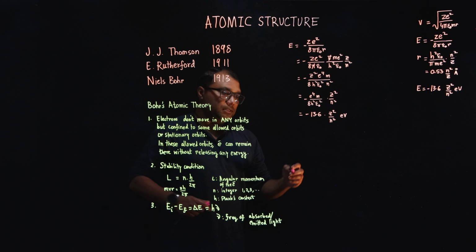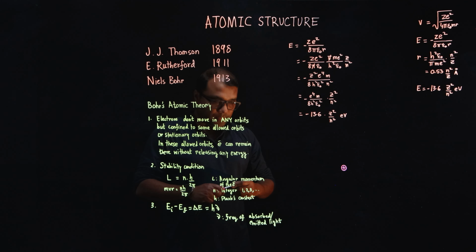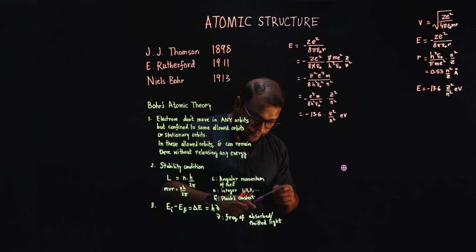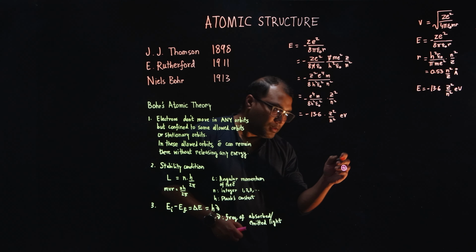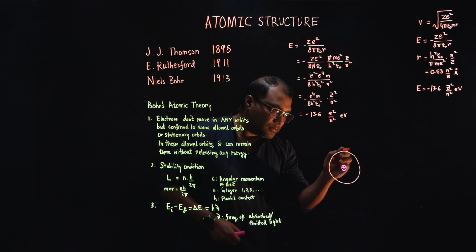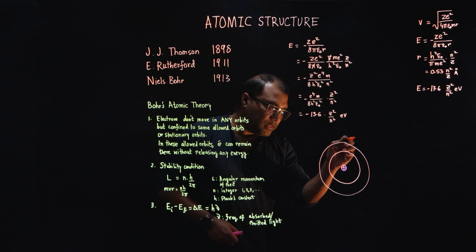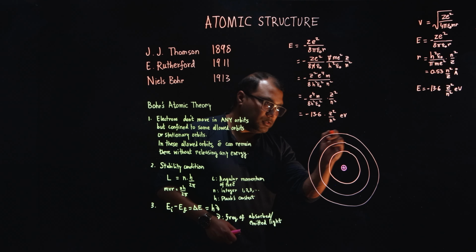So what that means is, let's say this is the nucleus, and we have electrons in orbit. So this is first orbit, this is second orbit, this is third orbit.